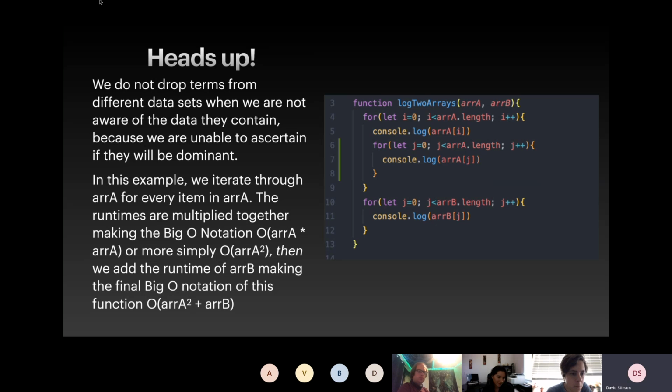Say this was just array A we were manipulating and only array A. We would have seen, hey, this is array A squared plus array A. We would know, hey, this last array A part isn't a dominant term, so we would just get rid of it. With this, since we don't know what array B contains, we don't drop it.